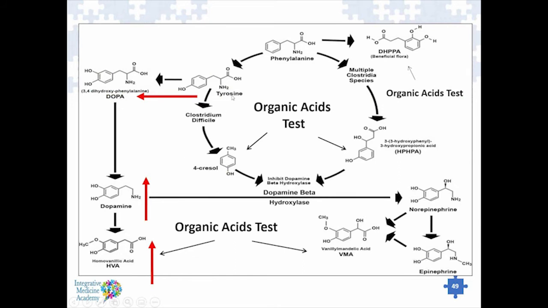We know that tyrosine gets converted to L-DOPA. L-DOPA gets converted to dopamine. Then we have homovanillic acid as a byproduct of dopamine metabolism, and in this scenario we would also expect to see likely an elevation of DOPAC. So that would be a normal way that this would go.